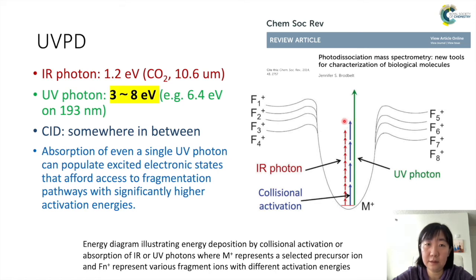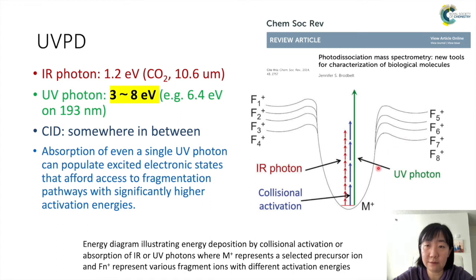In short, the fragmentation pathways with the highest activation energies, like F1+ and F5+, are not accessible if the precursor ions dissociate via other lower energy channels during the energization process.